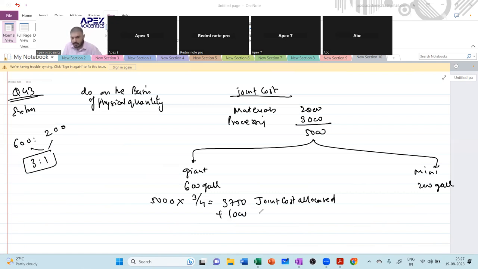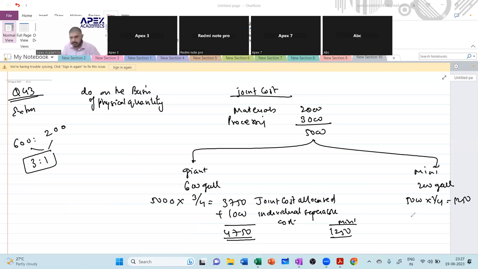Plus you have 1,000 individual separable cost. So giant is 4,750. What about mini? It is equal to 1,250. What is the total cost? 6,000.